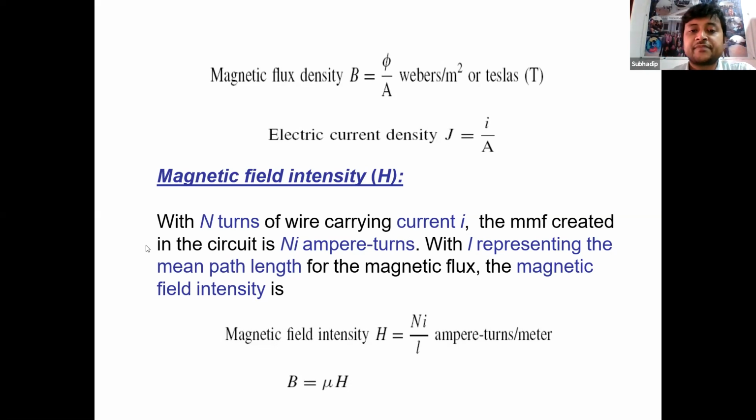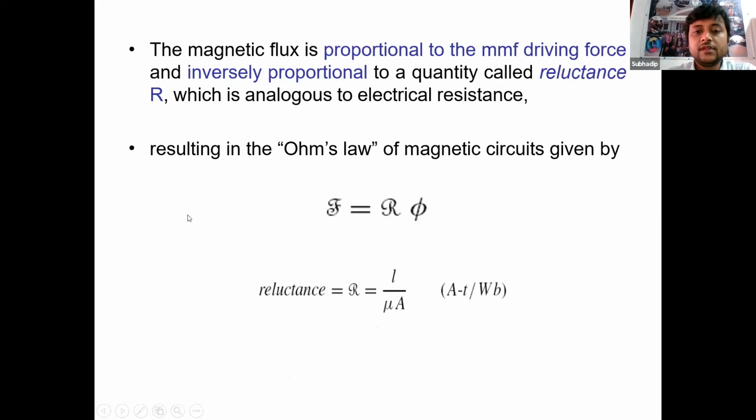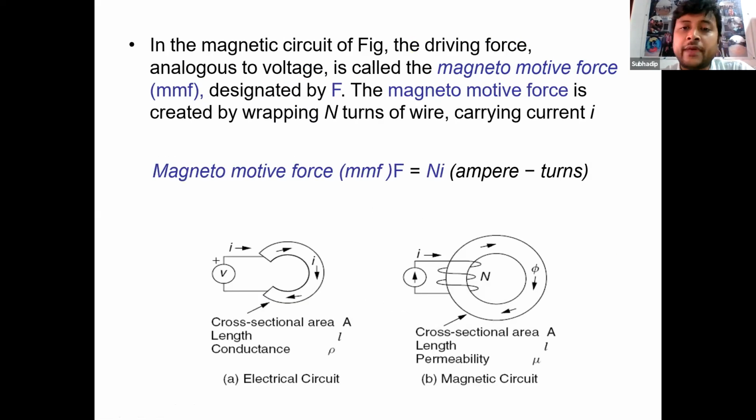In a magnetic circuit, the driving force, analogous to voltage, is called the magnetic force and is designated by capital F. The magnetic force is created by wrapping N turns of wire carrying current I. That means the total magnetic force will be N into I. So this is basically creating the magnetic flux.